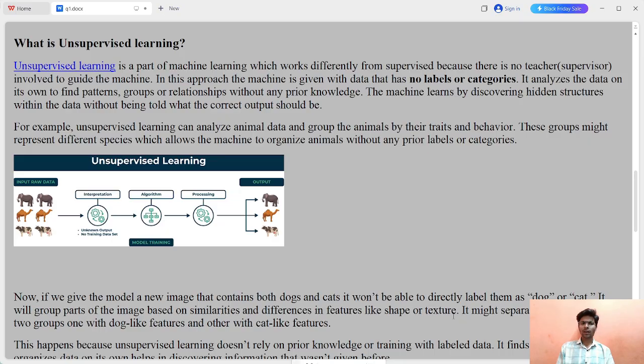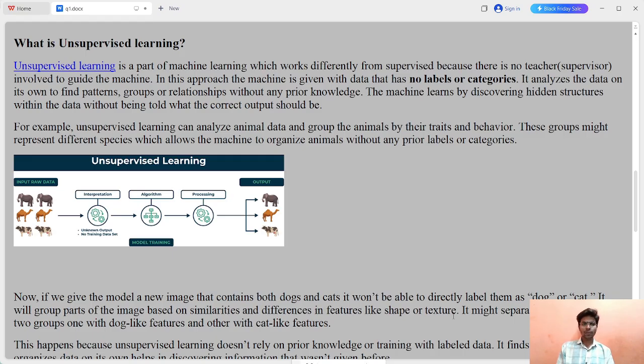For example, unsupervised learning can analyze animal data and group the animals by their traits and behavior. These groups might represent different species, which allows the machine to organize animals without any prior labeled category.